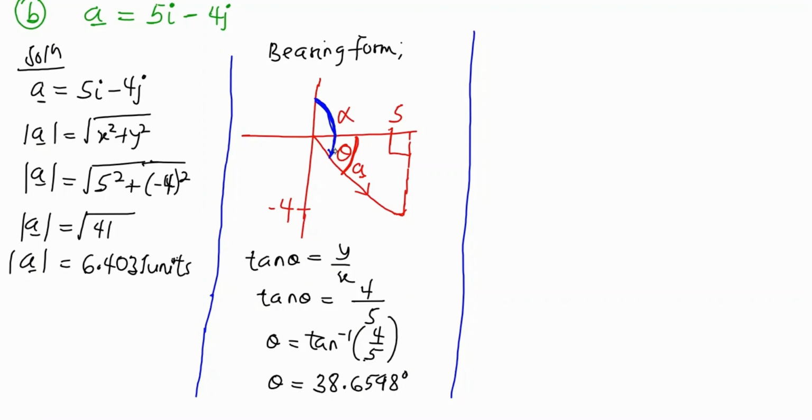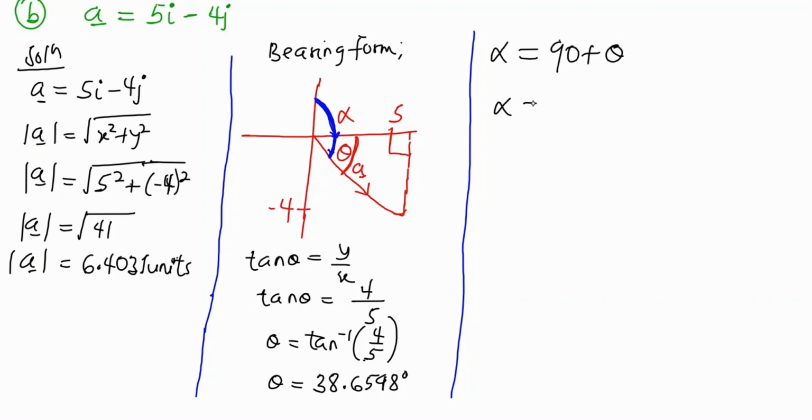So the summation of alpha and theta gives us the bearing, or the direction, of the vector. It implies that to find alpha, the bearing of the vector, is equal to 90 plus theta.